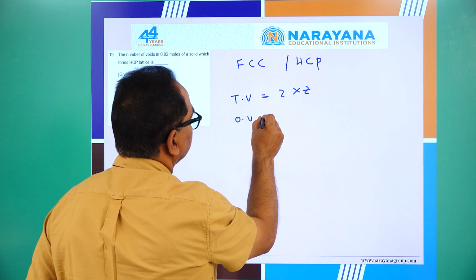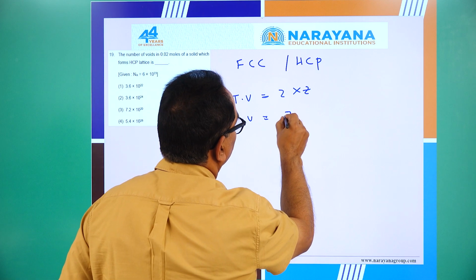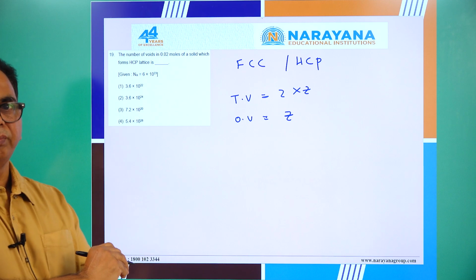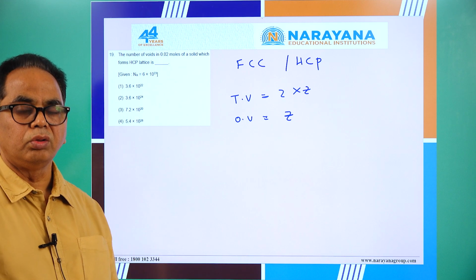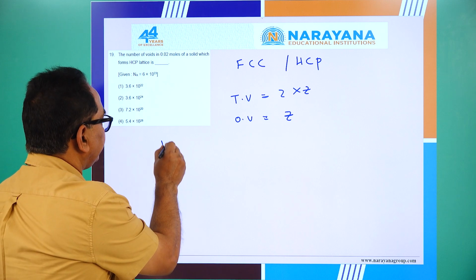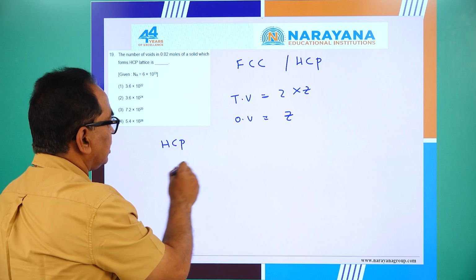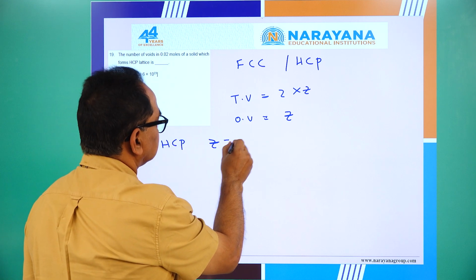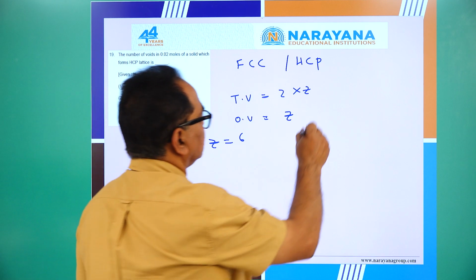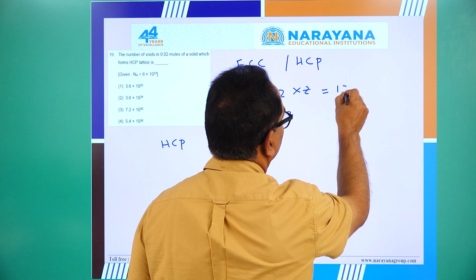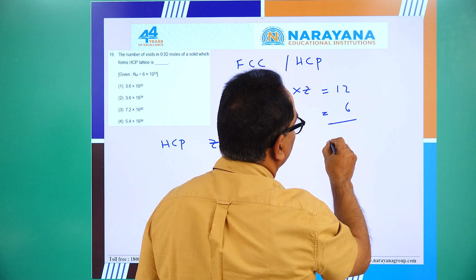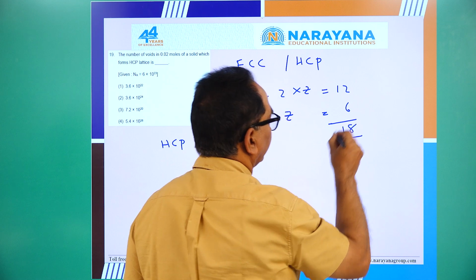Octahedral voids is equal to rank. So what does rank mean? The number of particles present in one unit cell. See, for an HCP unit cell, rank is 6. Then tetrahedral voids will be 12 and octahedral voids will be 6. The total number of voids will be 18.